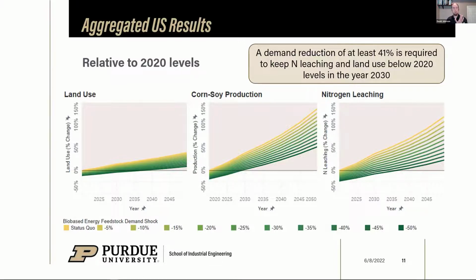So this is in the range of what we think is potentially plausible based on estimates from the literature, but it's deeply uncertain, right? So there may be other policies that would be required in order to actually achieve these types of demand reductions.